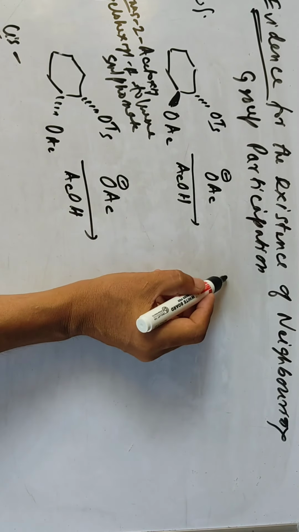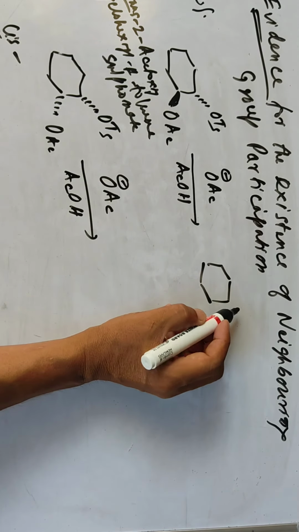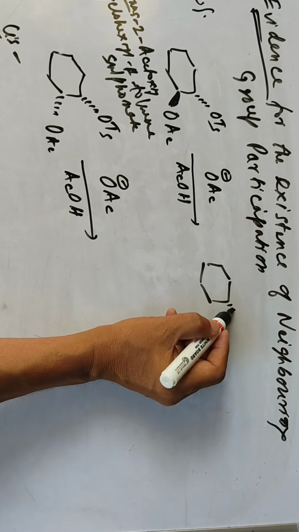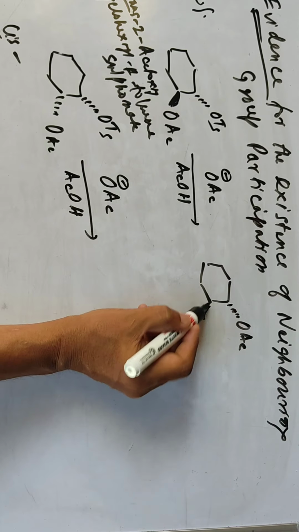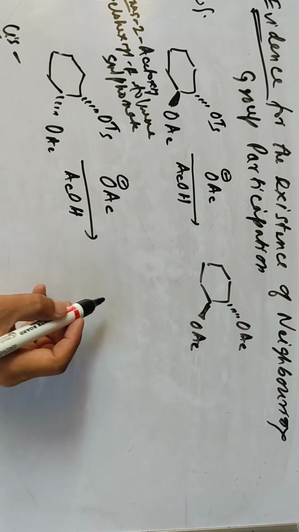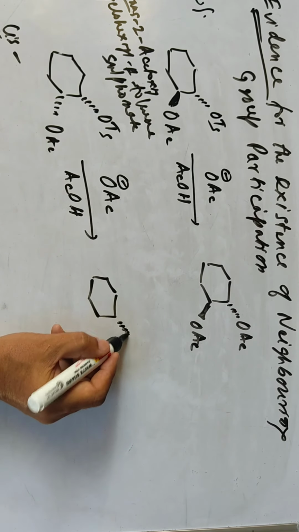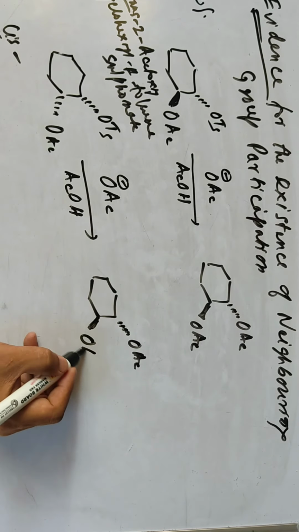So retention of configuration takes place here. Trans will give trans diacetate compounds. And cis will give trans, with inversion of configuration taking place here. So here OAc and then here OAc.